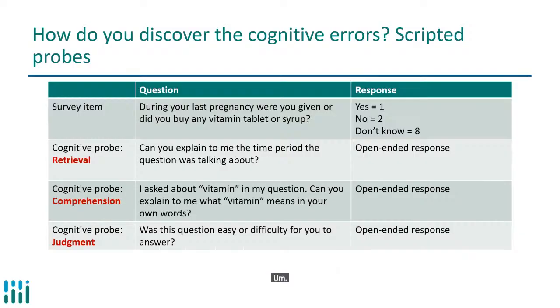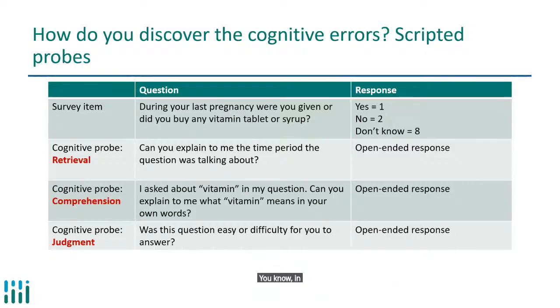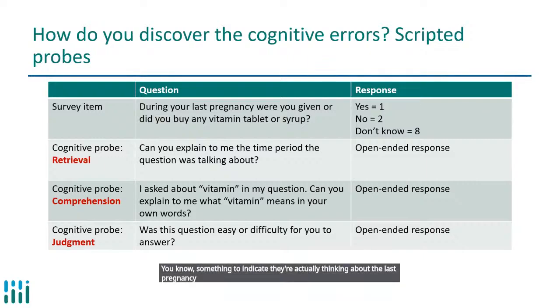We first start with a retrieval question, asking, can you explain to me the time period of the question we were talking about? They might say, the last time I was pregnant, or, if they recently delivered, they might say, in the 9 months before my child was born, something to indicate they're actually thinking about the last pregnancy, and that part of the question didn't just fly over their heads.